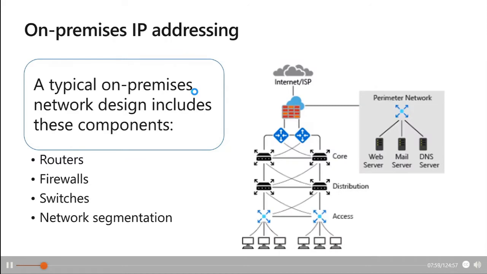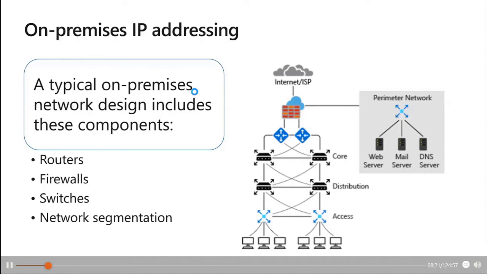So what about on-premises IP addresses? This diagram that you see here shows a simplified version of a typical on-premises network. We have routers facing the internet service provider. I have a public IP address that is used by our outbound internet traffic as its source.